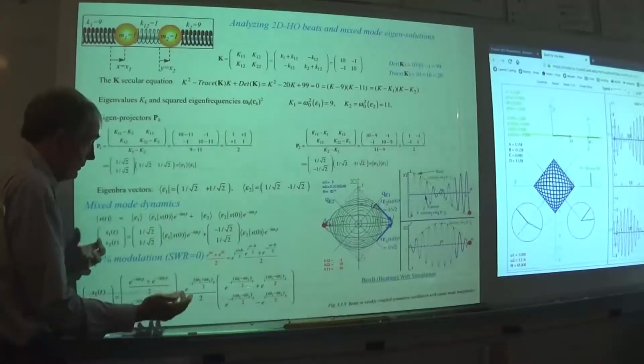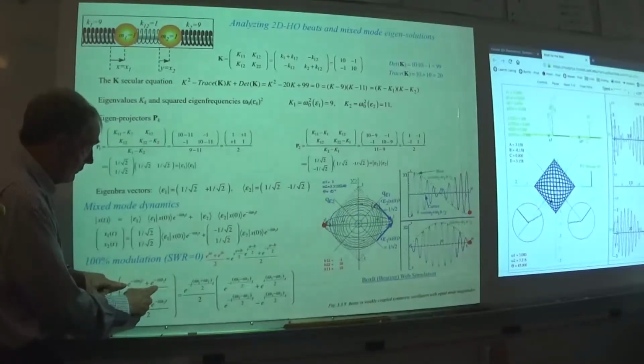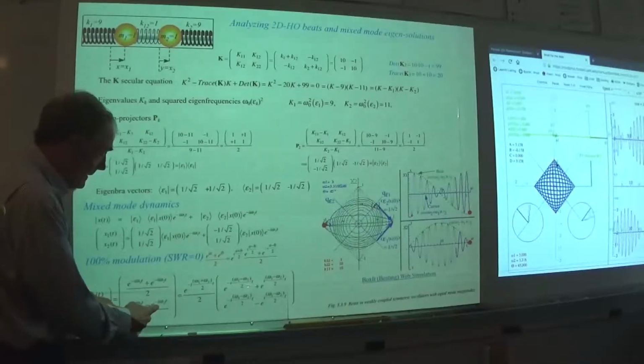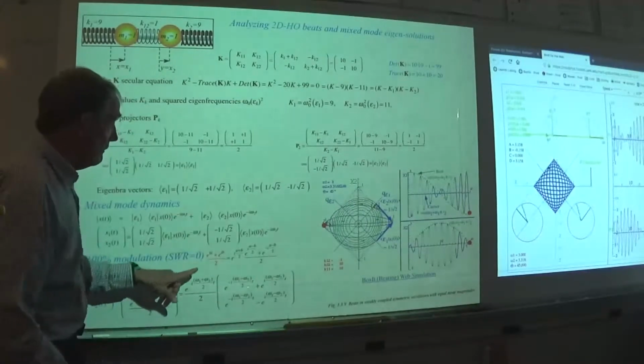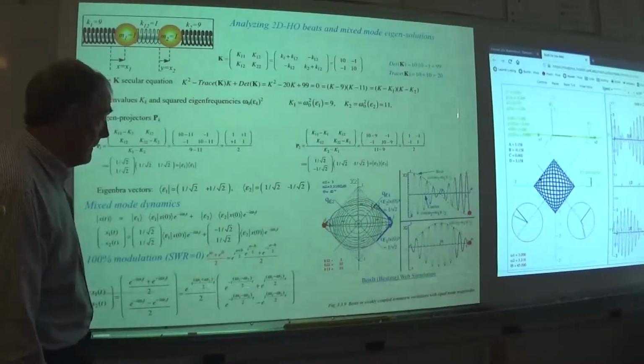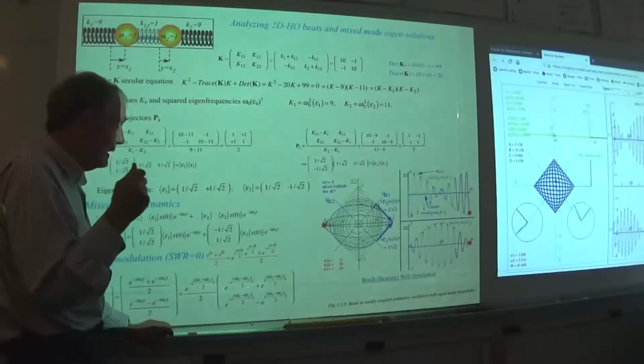That's what you can think of these modes as, Fourier components of the space of vectors. This one has a plus sign and this one with a minus sign, okay? And then I factor it with this clever little identity here. And this is a good trick to keep in mind.